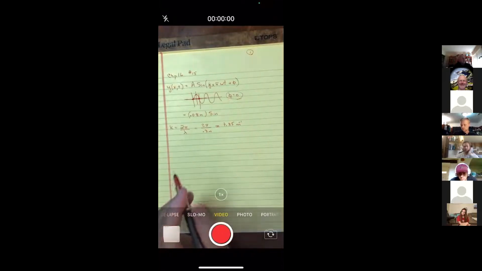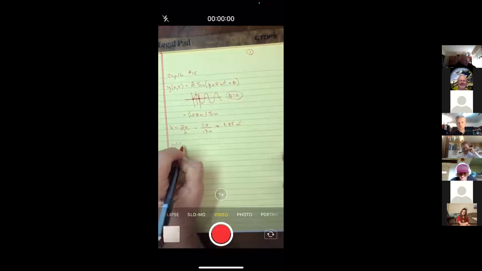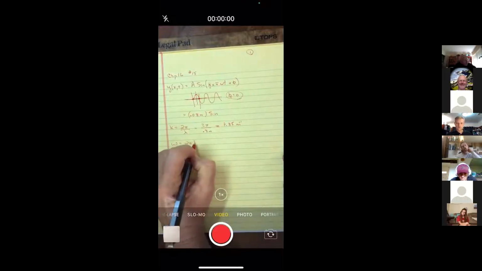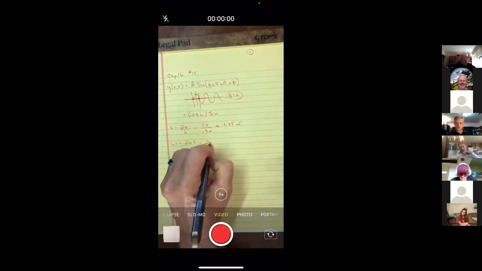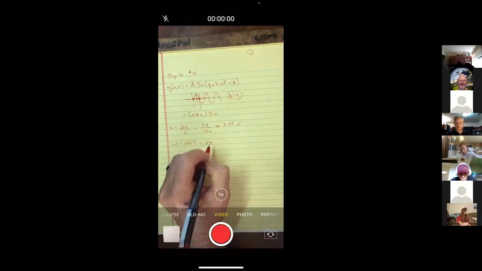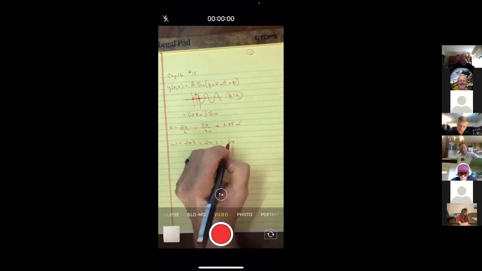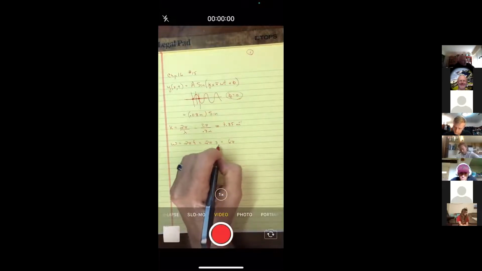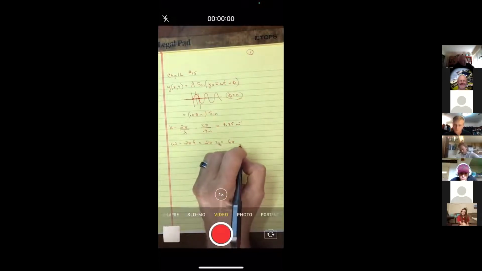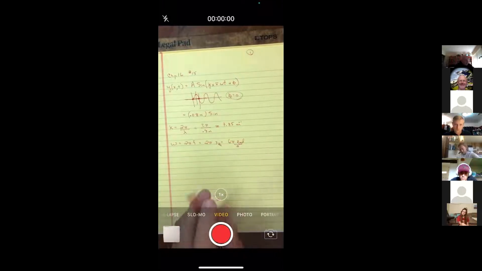Now they also give us the frequency. We would need that for the angular frequency, 2 pi times the regular frequency. So 2 pi times 3, which makes 6 pi. The units here would be hertz, which we could write as per second, or even radians per second.